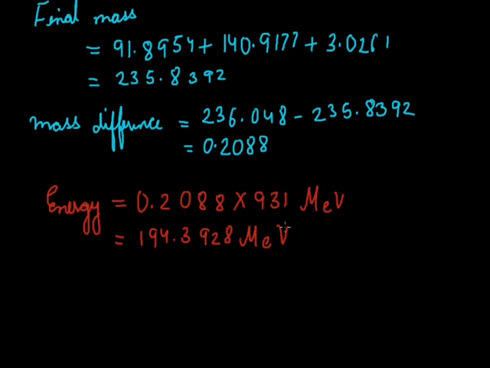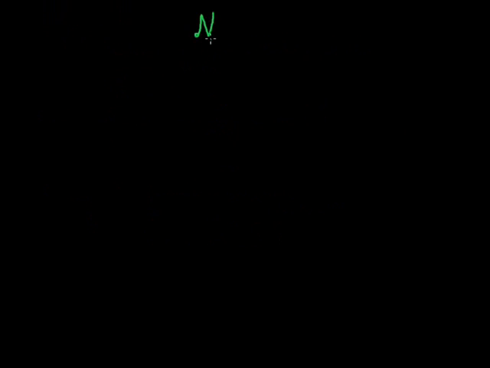Now we will discuss nuclear fusion. As we have discussed, it is a process in which two smaller atoms combine together to form a larger nucleus with the release of a large amount of energy.